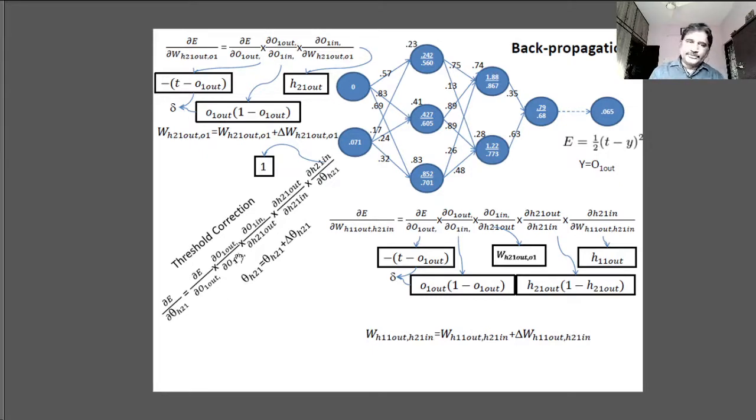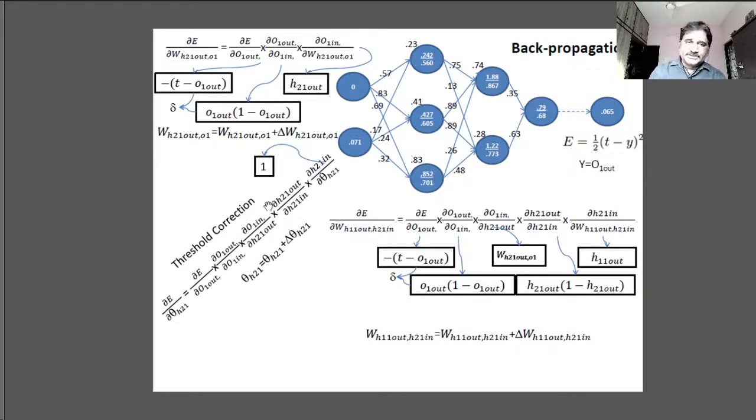Then O1 out will be differentiated with O1 in. Then O1 in will be differentiated with H21 out. H21 out will be differentiated with H21 in, and H21 in will be differentiated finally with theta value here. Okay, theta H21. All right.